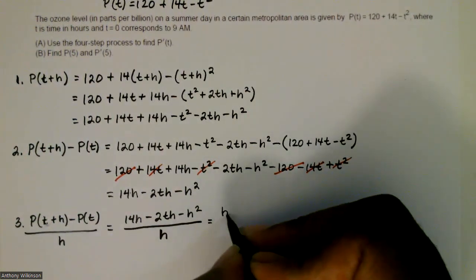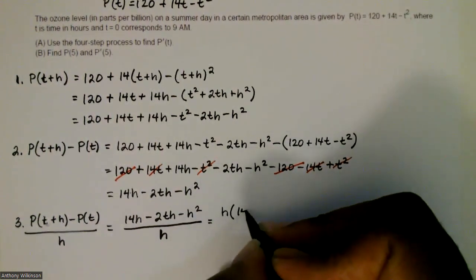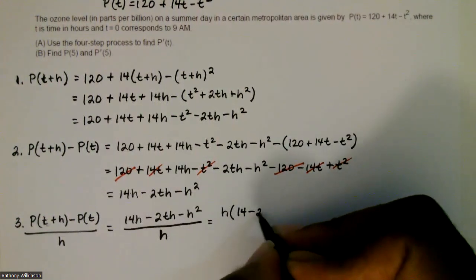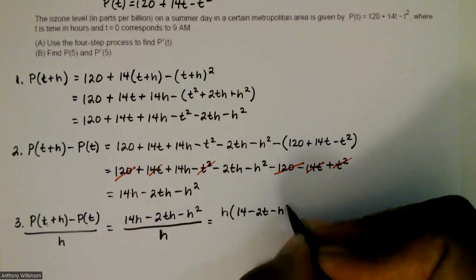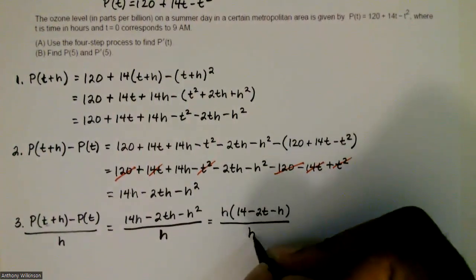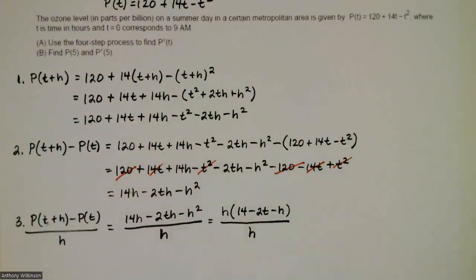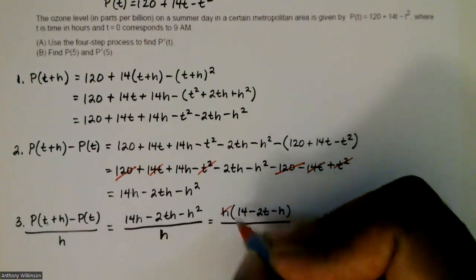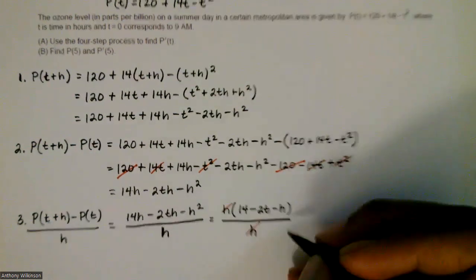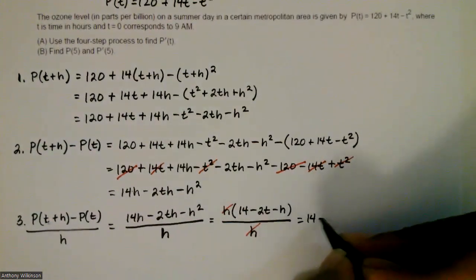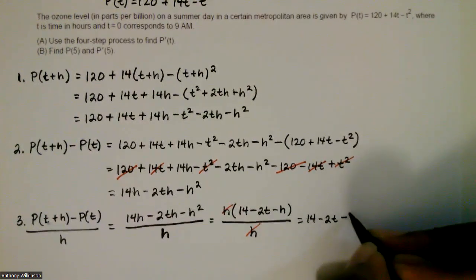So if I factor out the H, I will have 14 minus 2T minus H, all divided by H. And these H's divide out. So I'm left with just 14 minus 2T minus H.